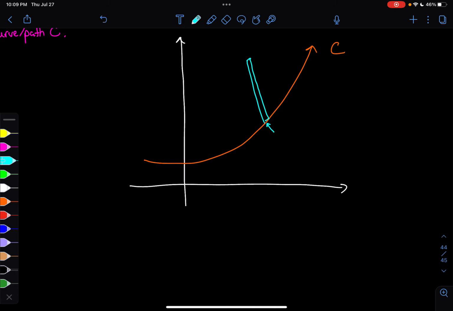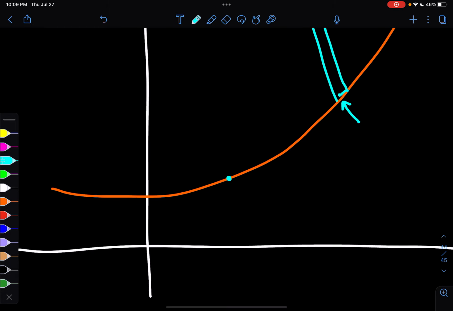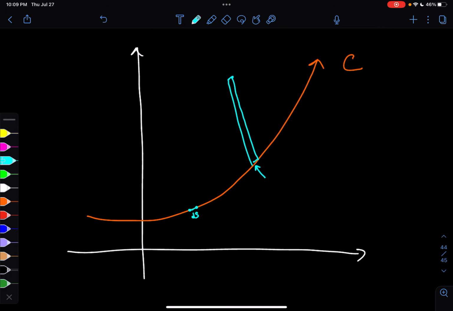Because if I'm talking about the total energy given off by a car, we've got to zoom in really, really small, and we're looking at the amount of energy given off as the car travels over some really small distance ds. And when we zoom out, that ds is very, very small.